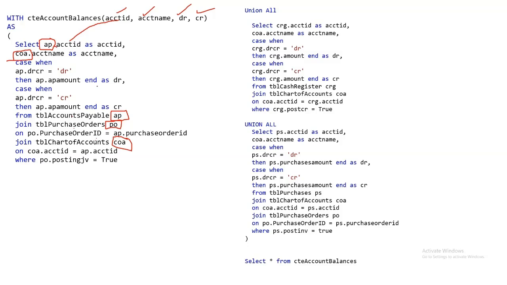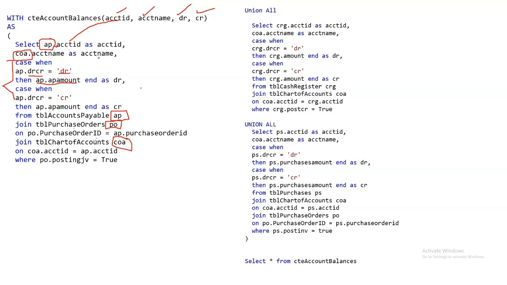We could have used the account ID from the chart of accounts, but for purposes of illustration, we'll just use the accounts payable table. And then again, the account name, and then we have a condition right here that says that if the DRCR column is debit, then we will choose the amount.